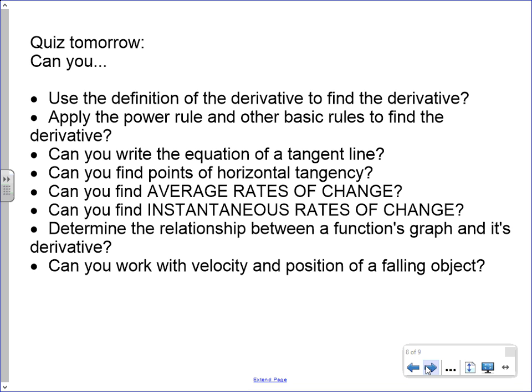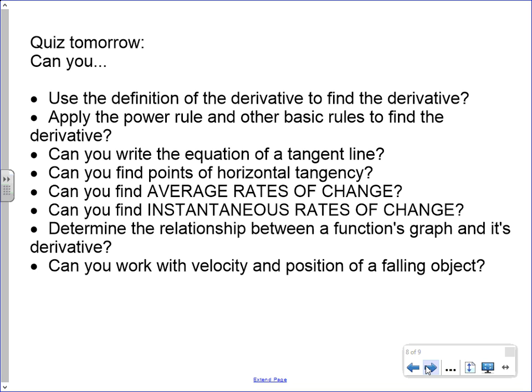And then velocity and position. Basically you just need to get comfortable with the relationship of position to velocity being the derivative and answering the questions that are being asked.